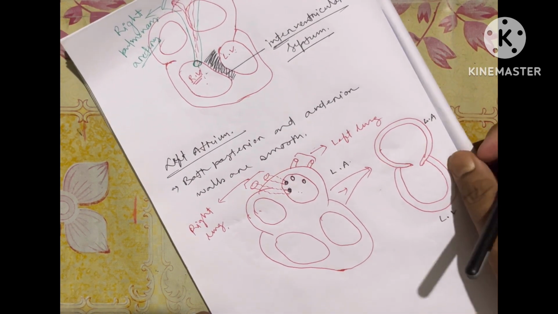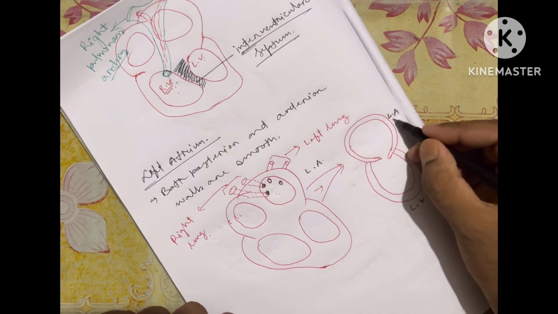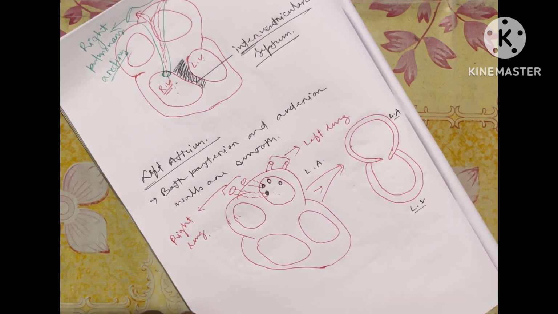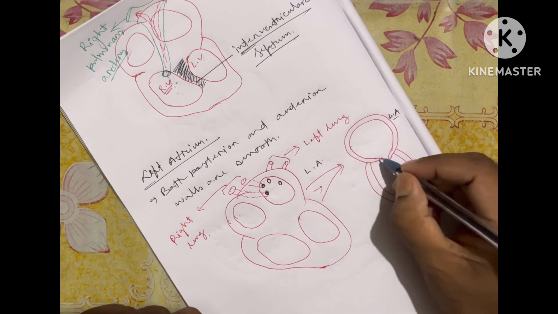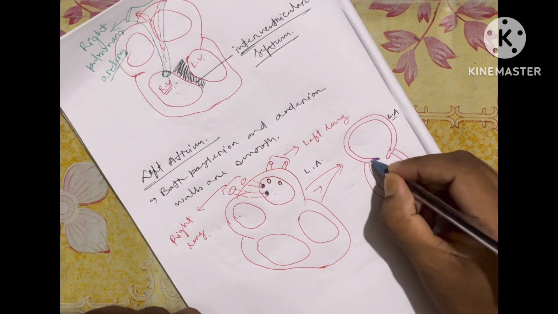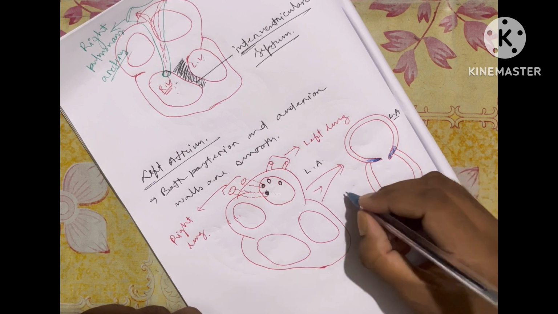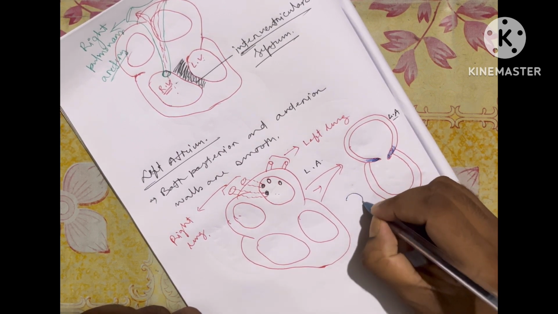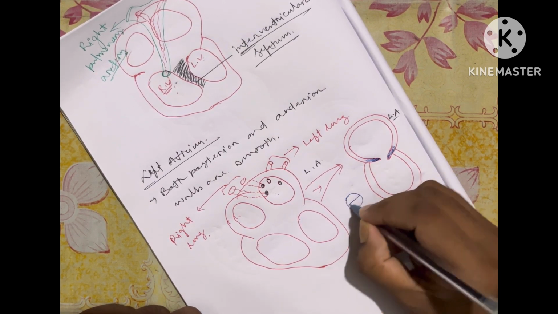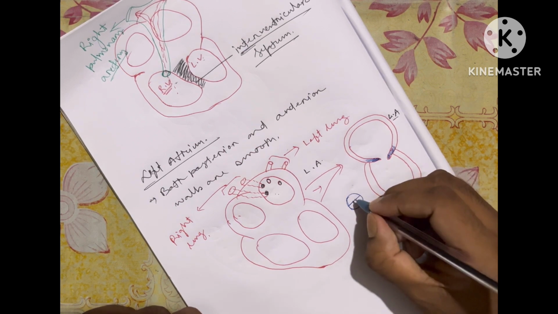In between them we have another valve, which is called the bicuspid valve, because this valve has two cusps.